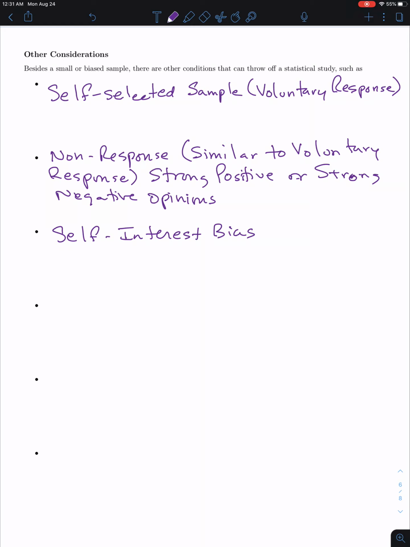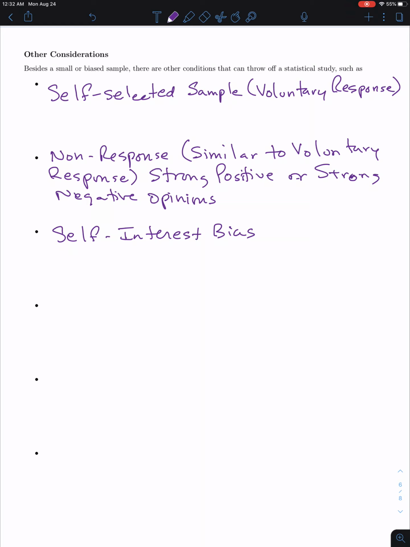They want it spun as good as possible. So if they're the one conducting it, they may try to choose people in the sample that they know are going to be really positive about Hershey's candy bars. They can make the data look strong in their direction, but they didn't really get a good sample to do that.